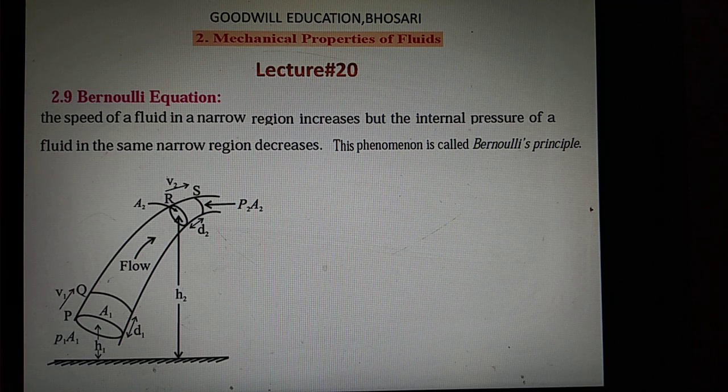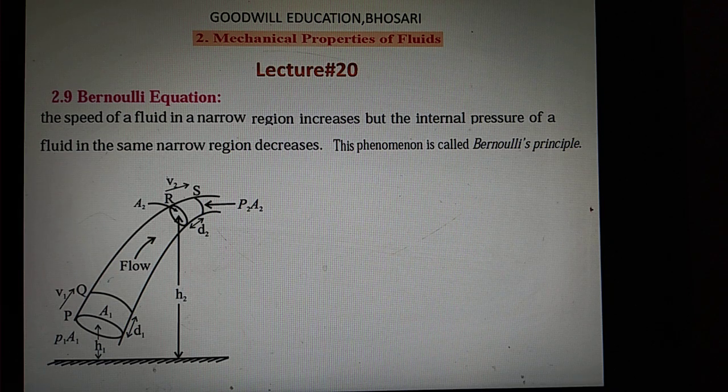An ideal fluid is a fluid which follows all the properties of a fluid, and like water, there is no internal friction, therefore we are taking this as a flow of water also.